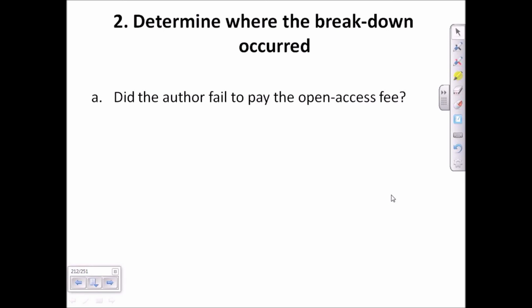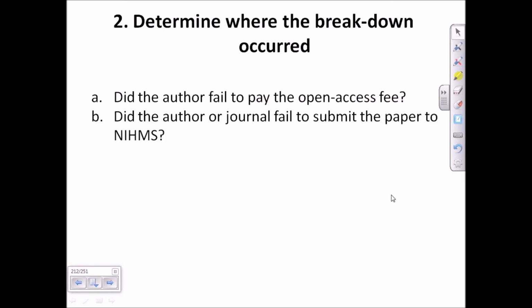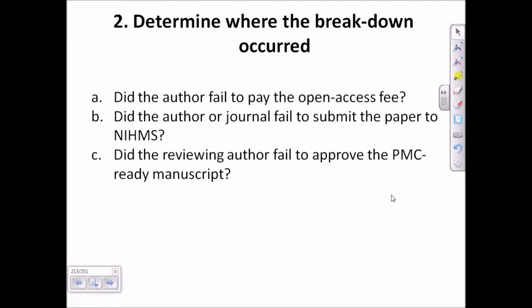So the next step then is just that, to determine where did the breakdown occur. Did the author fail to pay the open access fee for a Method B journal? Or did the author or the journal fail to submit the paper to the NIHMS system for a Method C or Method D journal? Did the reviewing author fail to approve the PMC-Ready manuscript?